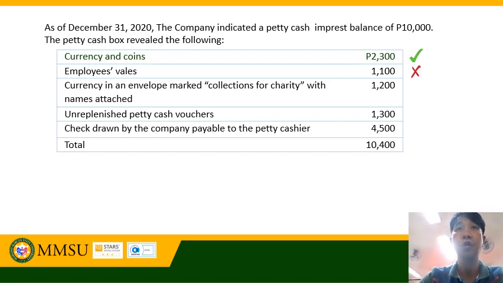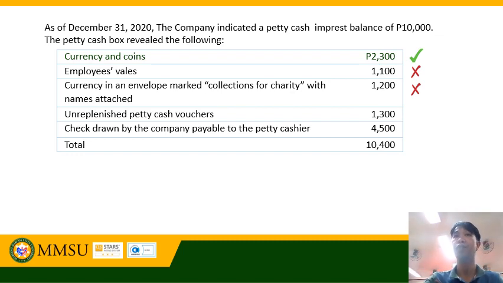So the role of the petty cash custodian is only a personal custodian of this item. This item does not concern the company. It is a personal custodianship that is given to the petty cash custodian. This does not have to be recorded by the company. And of course, this will not form part of the petty cash balance.